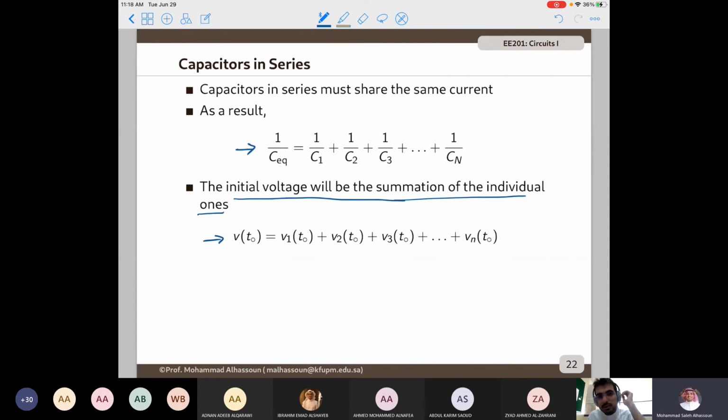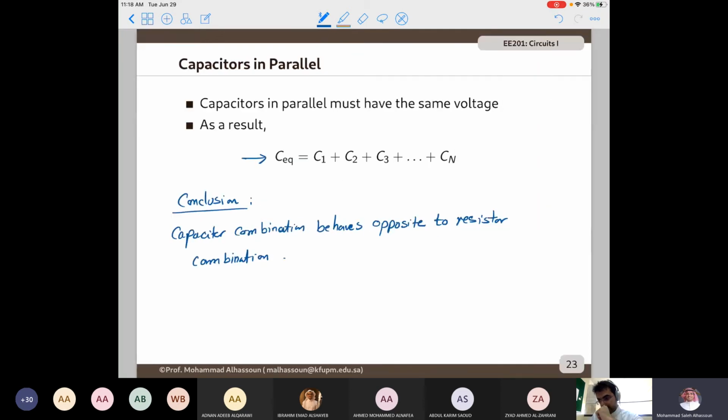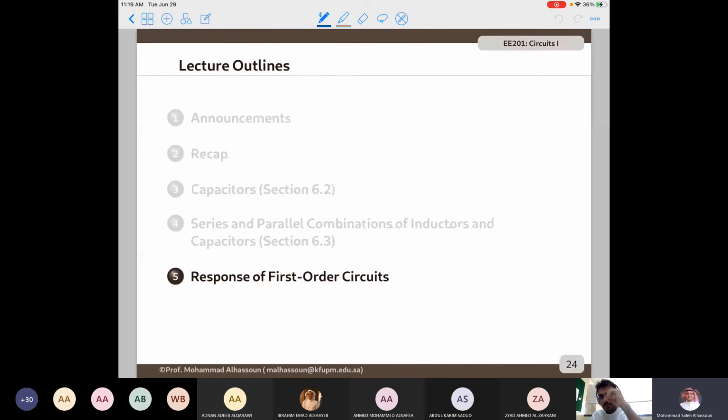You treat capacitors in the opposite manner that you treat inductors and resistors. So any question before we move to the following part? Okay, this is good.